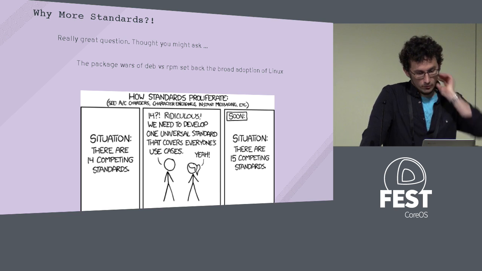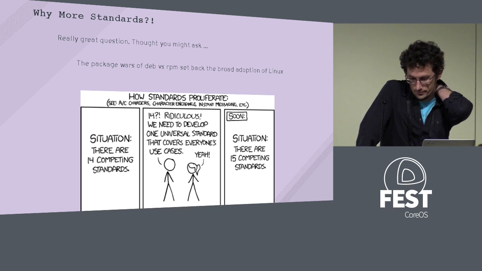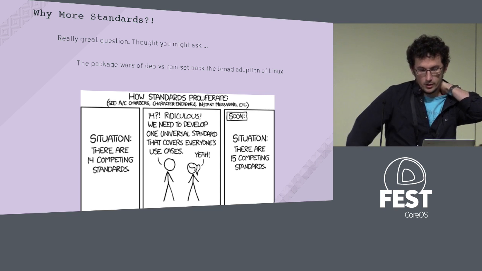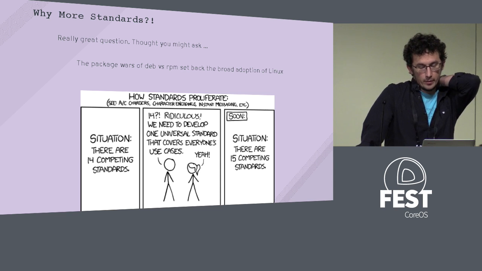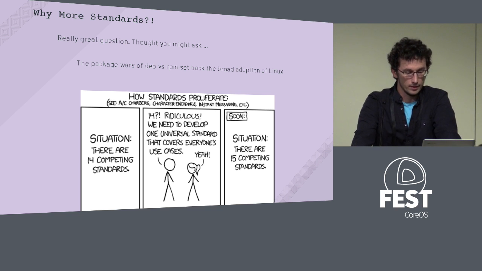So why more standards? It's one of those age-old things, and welcome to the open source community, but everybody looks at things and finds that there's a new way to solve the same problem in a better way.